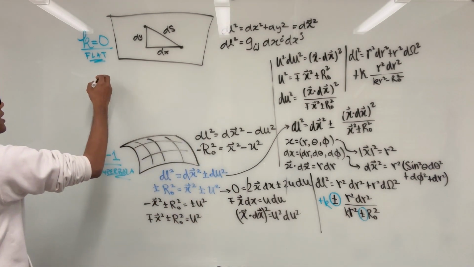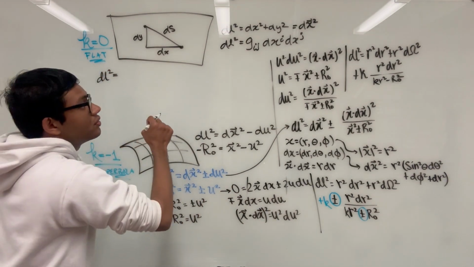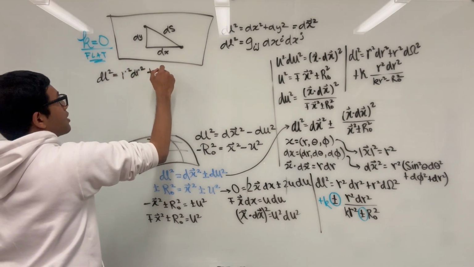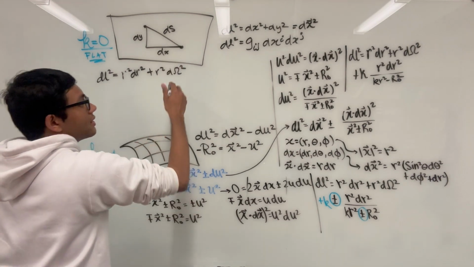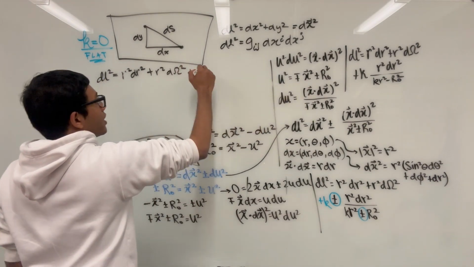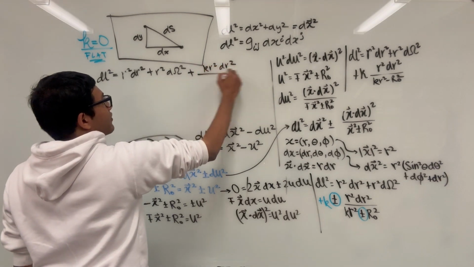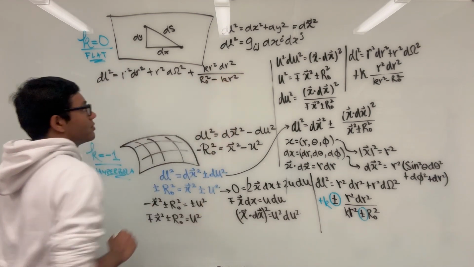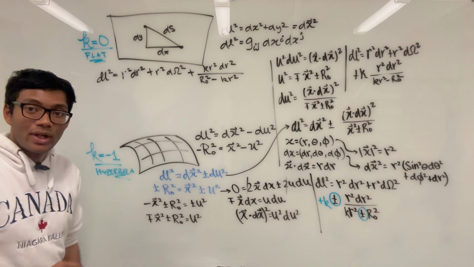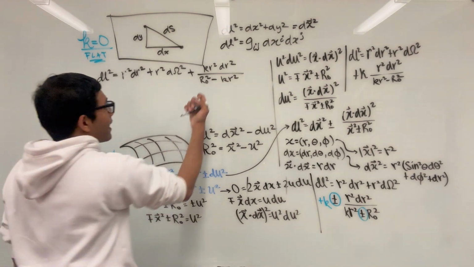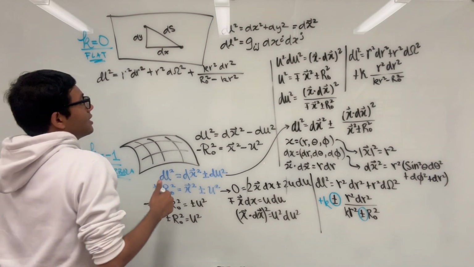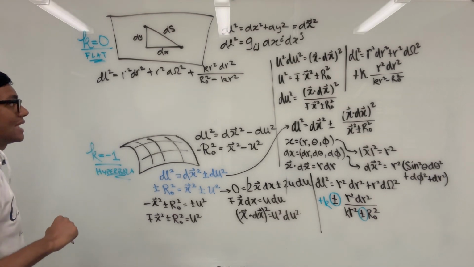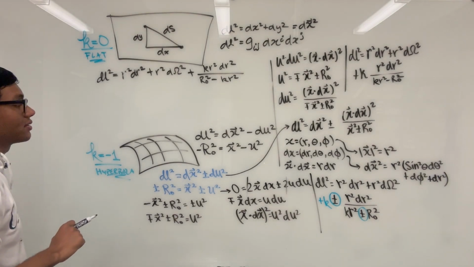So we have dl squared is equal to r squared dr squared plus r squared d sigma squared, and then plus k r squared dr squared divided by, let me put the r naught squared in front. I know what I'm doing is technically illegal. Don't shoot me in the face. Oh wait, you can't because you're on the other side of the screen. So what I'm going to do is divide both the top and the bottom by 1 over k r squared. And so let's see.